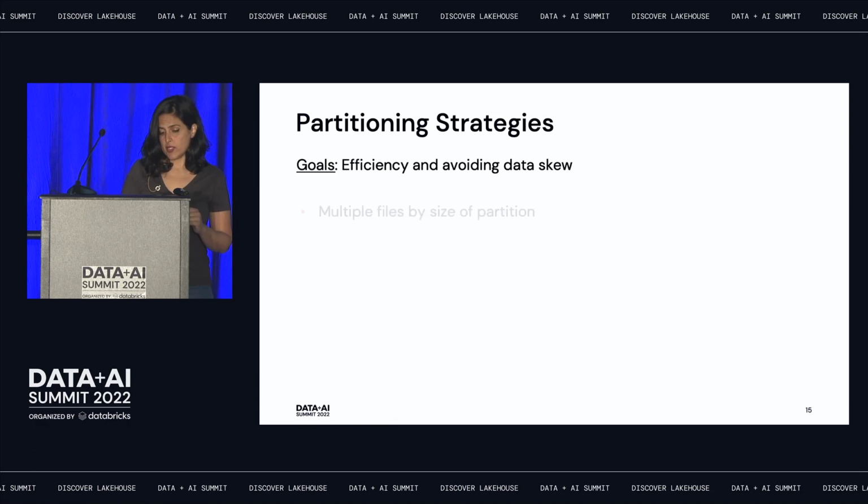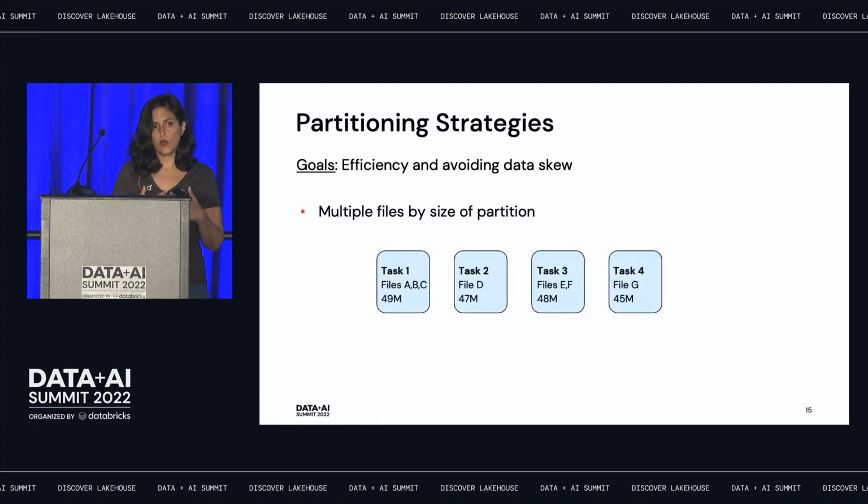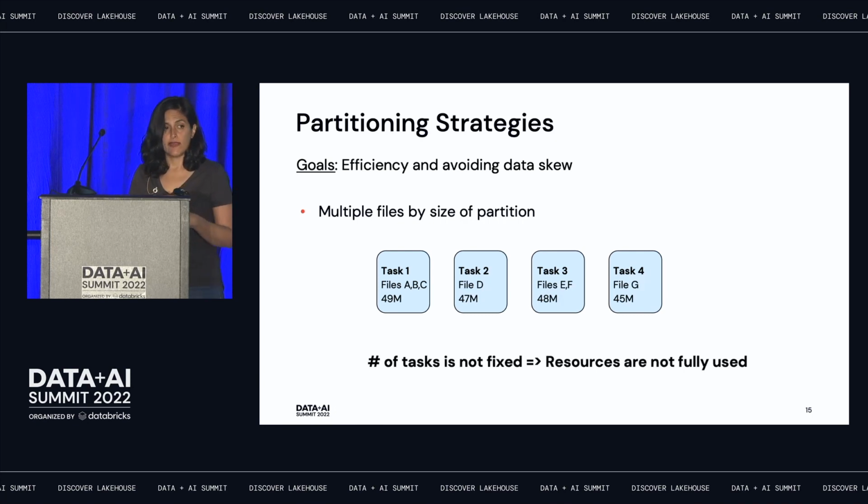The second strategy is to assign multiple files to one partition. We retrieve the desired partition size from the user and then iterate the list and divide the files between the partitions, and we get partitions of more or less the same size. That means that the number of tasks is not fixed between iterations, and that means that the resources are not fully used.